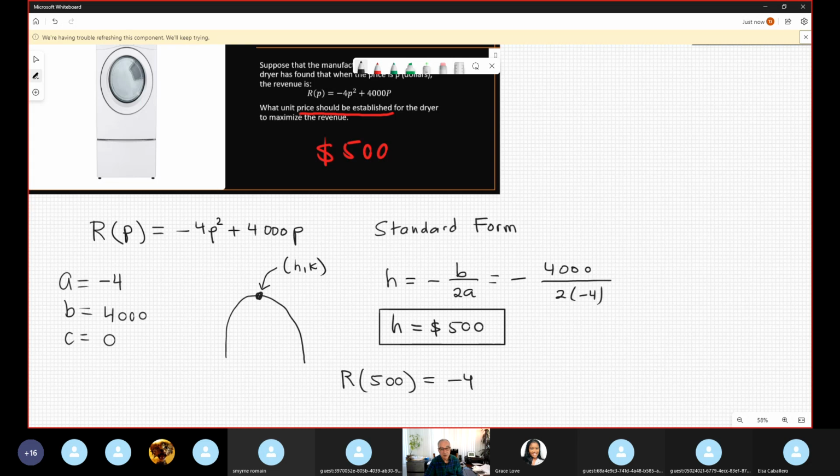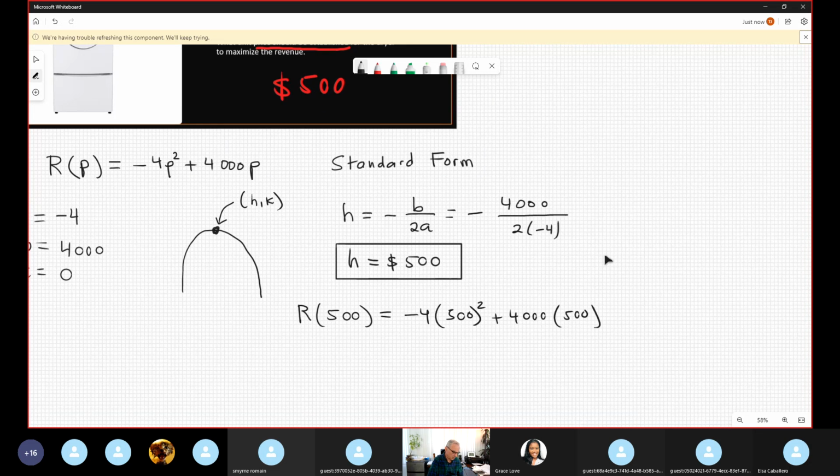Entonces, minus 4 times 500 squared plus 4,000 multiplied by 500. Okay, of course, we are doing it with the calculator, huh? This is 500 squared. Multiplication by minus 4 is negative 1,360,000. This is that part. And the other part is 500 times 4,000.